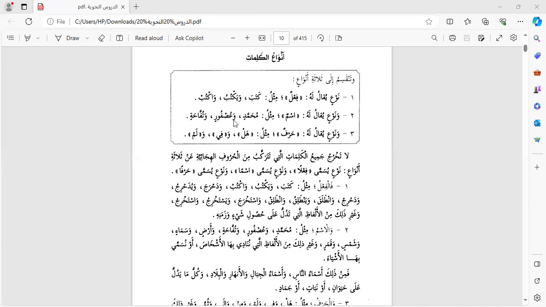Muhammad is a name for a boy, عصفور is a bird, and تفاحة is an apple. وحرف مثل هل, that's a tool that we use to ask yes or no questions in Arabic. في, which means in, ولم, which means didn't, that we use to form the negative in the past.